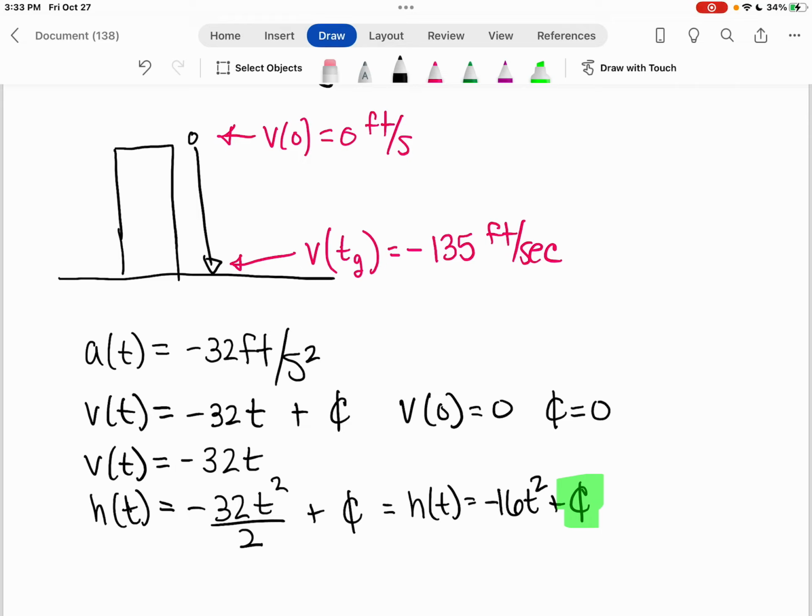So what I'm going to do is I am going to say, let's let this green mark right here at the height of the building be h of 0. Let that be 0. So I'm going to call this mark right here where I just made that green line, this is going to be our x-axis, which means when we find the height here, this is going to be negative because it's below the x-axis.